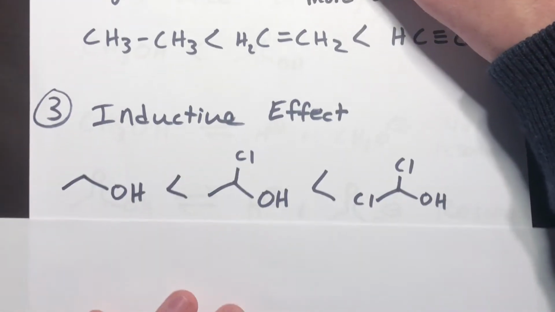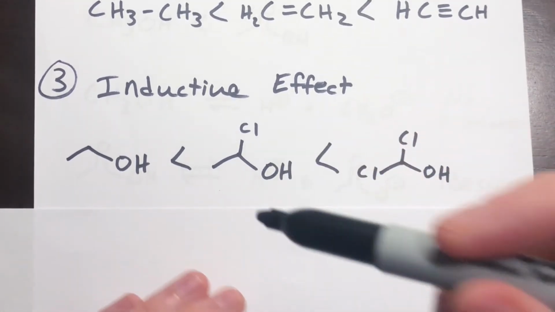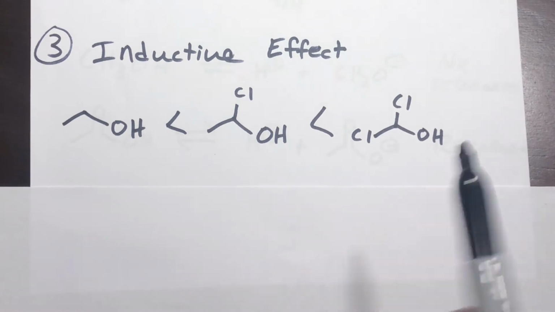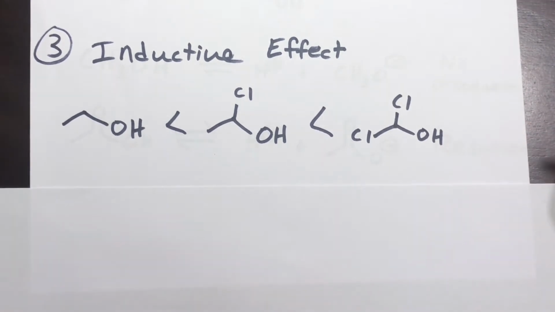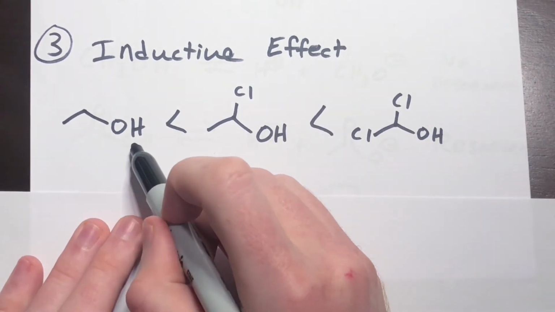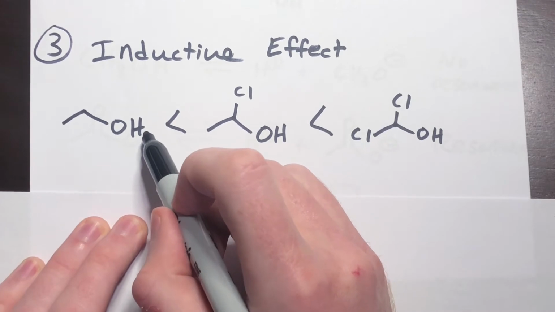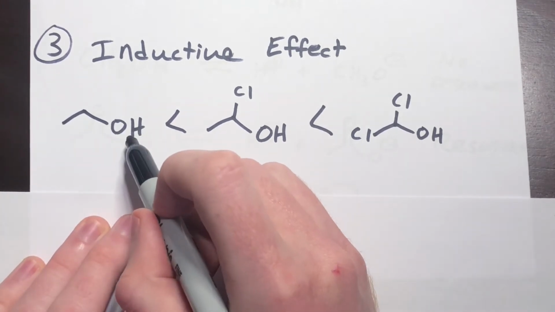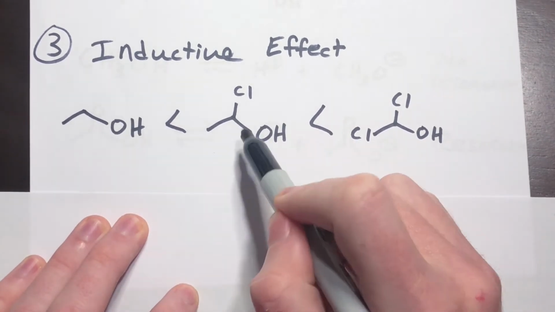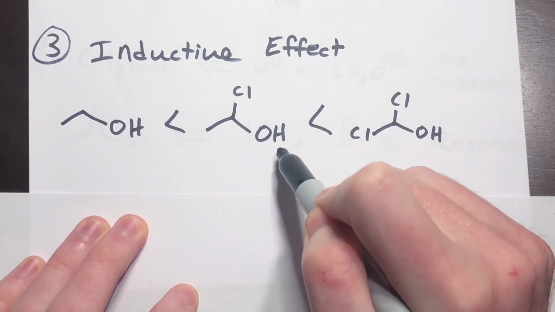Okay, next is the inductive effect. So the inductive effect is simply if there are electronegative atoms that are close to the hydrogen that we're looking at in terms of its acid strength, then it will increase in acid strength. So here we just have ethanol. So we're looking at this hydrogen for its acid strength, its ability to be donated to a base. This isn't particularly acidic, but if we add a chlorine to the carbon that's bound to the OH, that increases the acid strength of that hydrogen here.